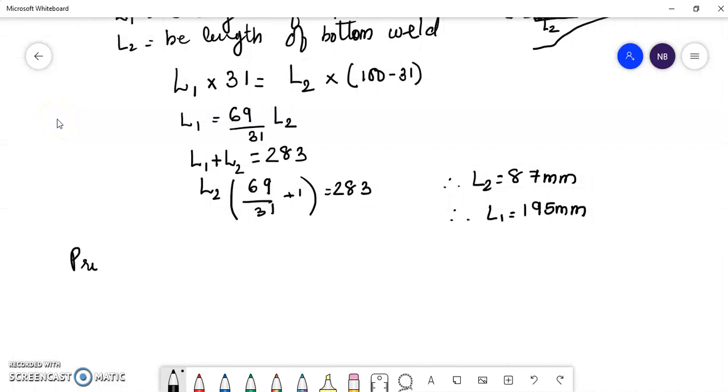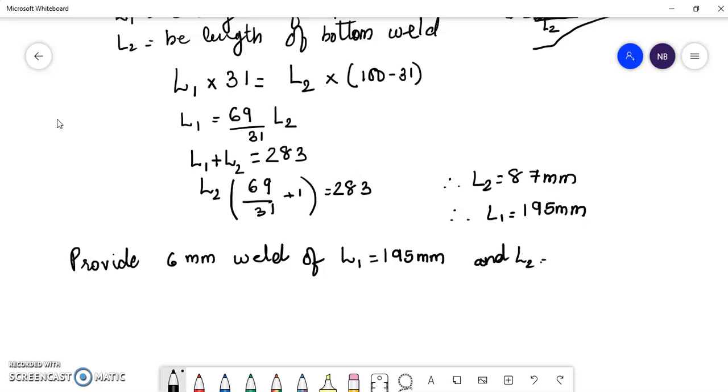So therefore, we provide a 6 mm weld, where L1 is 195 mm and L2 is 87 mm. This has to be clearly depicted in the picture.